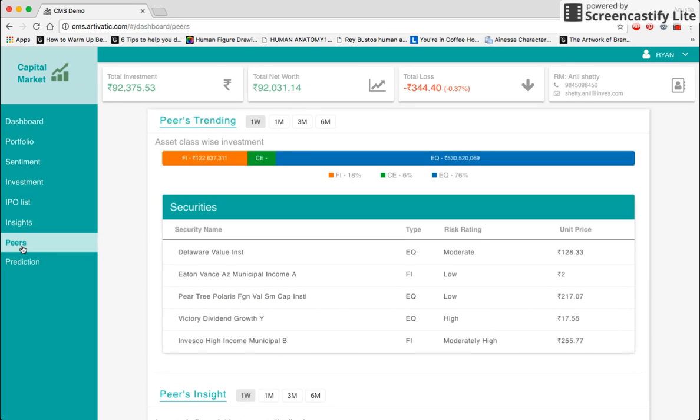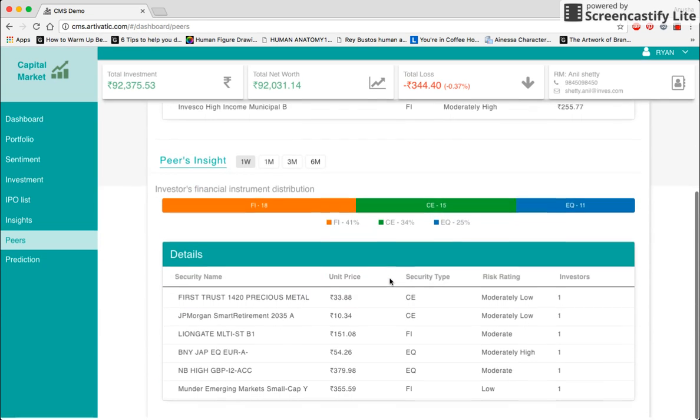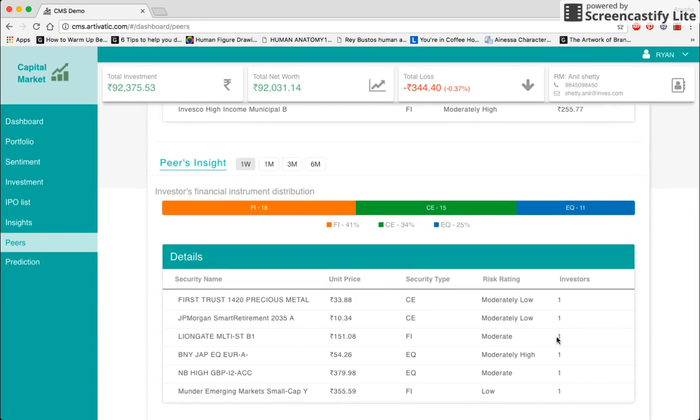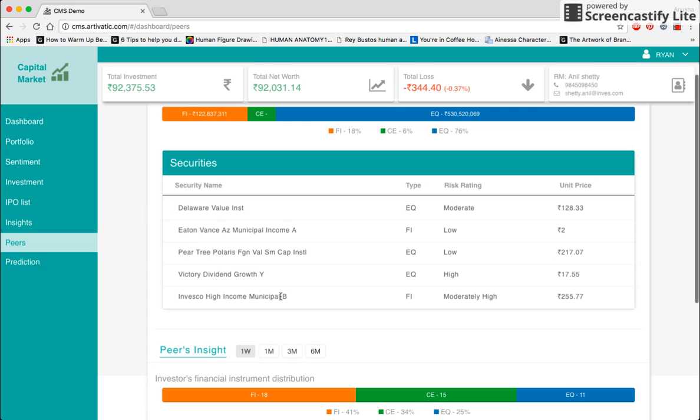The peer tracker shows what type of investments have been made by similar users as the investor. This graph shows how many investors have invested in what type of security, while this graph shows the amount which has been invested in each security.